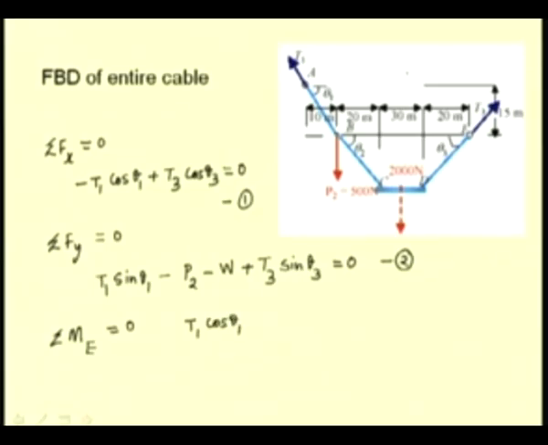The moment arm for the same is 15 meters and it causes a counterclockwise moment about this point E. So, it is a positive moment. Let us consider the vertical component, that is T1 sin theta 1. It causes a clockwise moment about point E. So, it is a negative quantity. T1 sin theta 1. The moment arm for the same is this complete span, which in this case is equal to 80 meters.